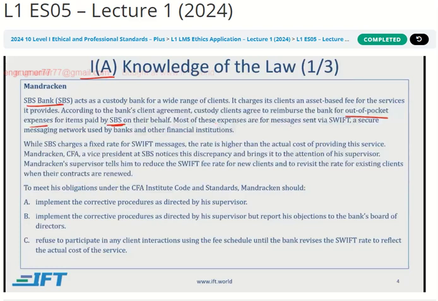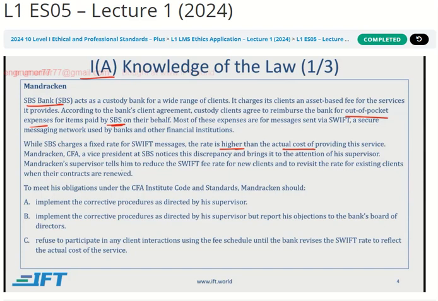Most of these expenses are for messages sent via SWIFT, a secure messaging network used by banks and other financial institutions. While SBS charges a fixed rate for SWIFT messages, the rate is higher than the actual cost of providing this service. Mendrakan, CFA, a vice president at SBS, notices this discrepancy and brings it to the attention of his supervisor.